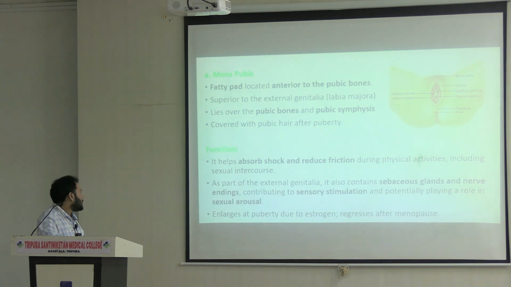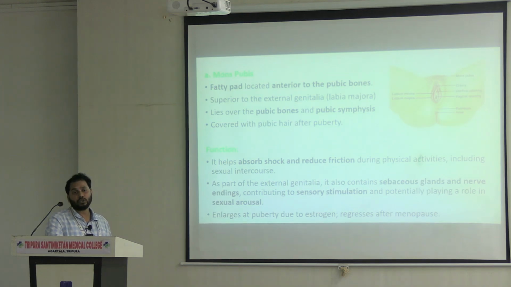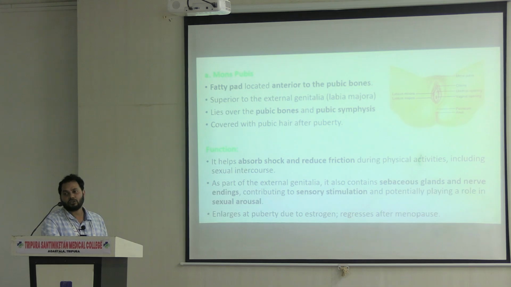And after that, you can see it enlarges at puberty due to estrogens. If you see the levels of estrogens after puberty, the level of estrogens is comparatively high. And that high level of estrogens is involved with the deposition of adipose tissue in the Mons Pubis.